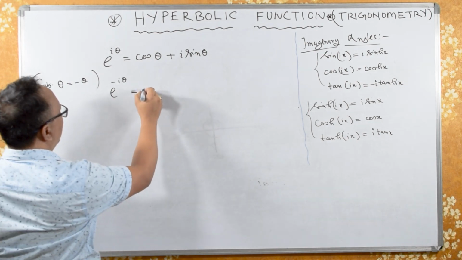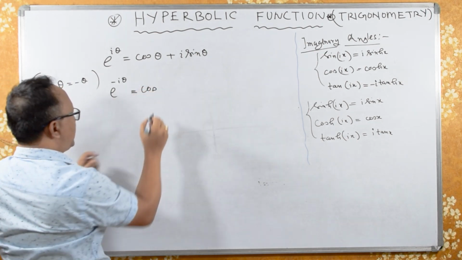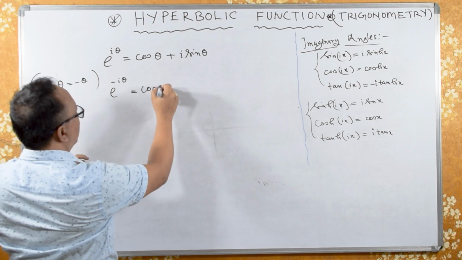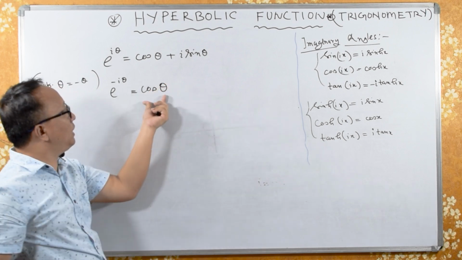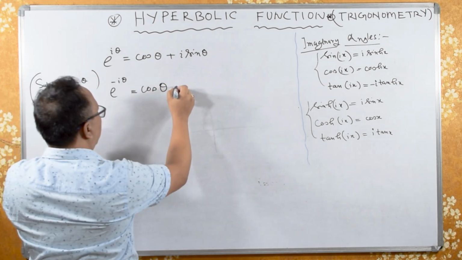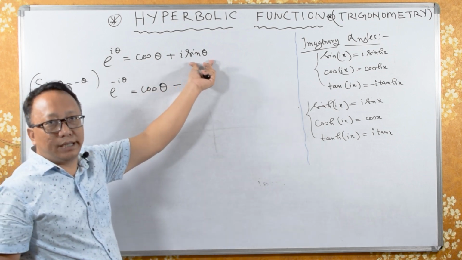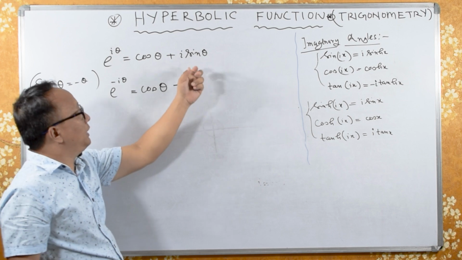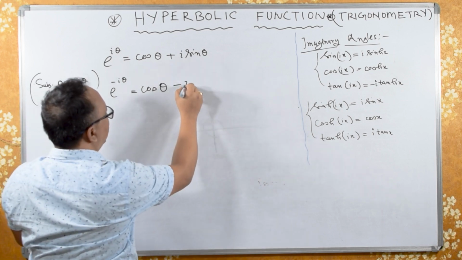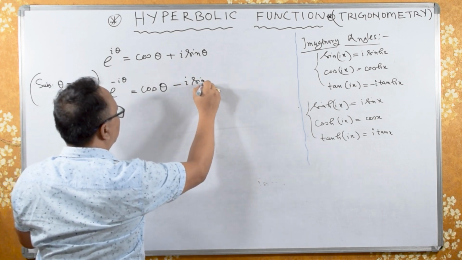So cos of minus theta is cos theta, because it is an even function. And sine of minus theta is minus sine theta, it is an odd function, so minus will come out. Here I will have i sine of theta.